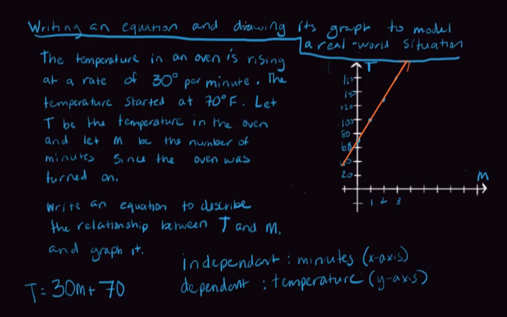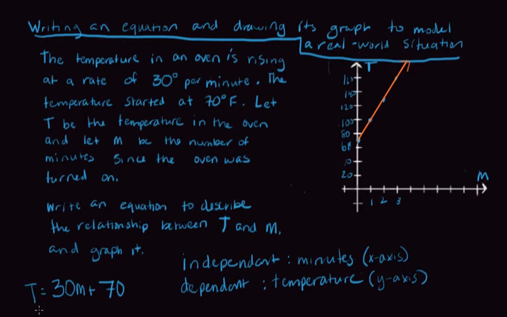Negative minutes don't really make any sense, so I should probably go ahead and erase this part of my line. My line really starts at 0 minutes in this case. That's not always going to be the case, but in this case, 0 minutes is the first meaningful minute. Negative 1 minute doesn't really make any sense. So all in all, my temperature is equal to 30 times the number of minutes plus the original 70.